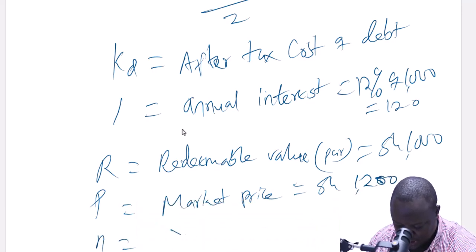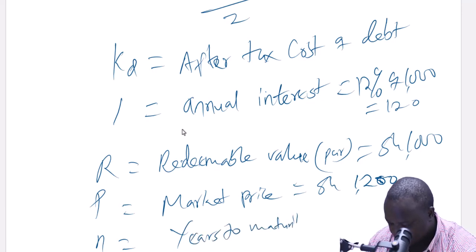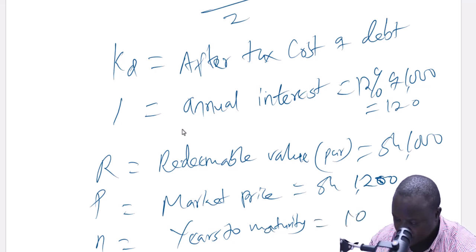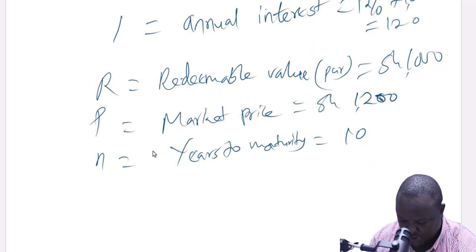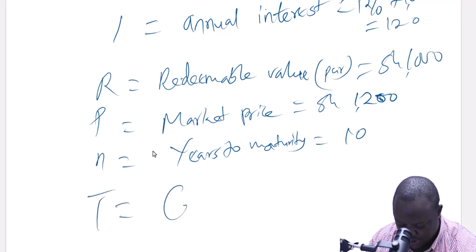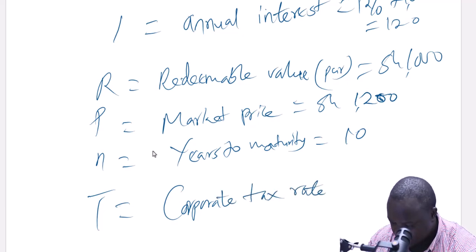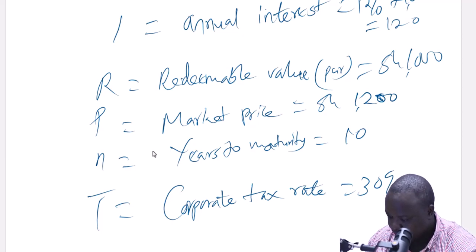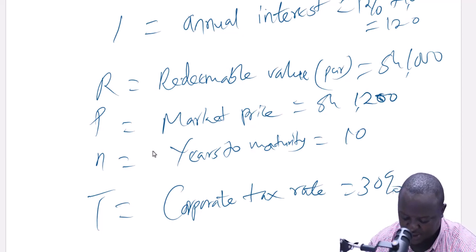The N is the years to maturity, which is 10 years. And then T is the corporate tax rate, which is equal to 30%.